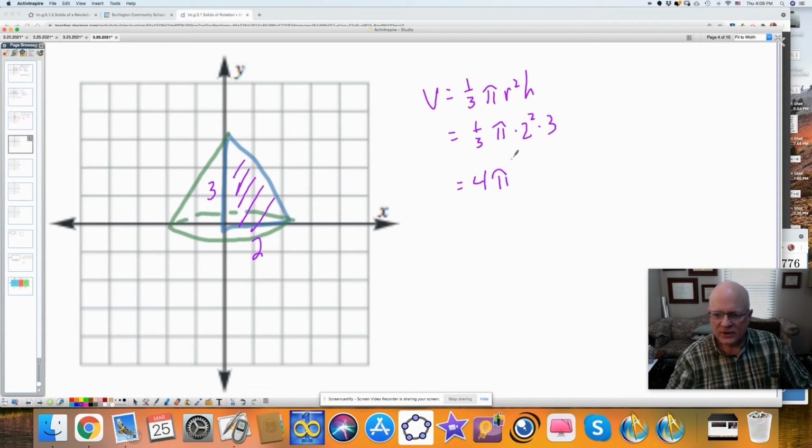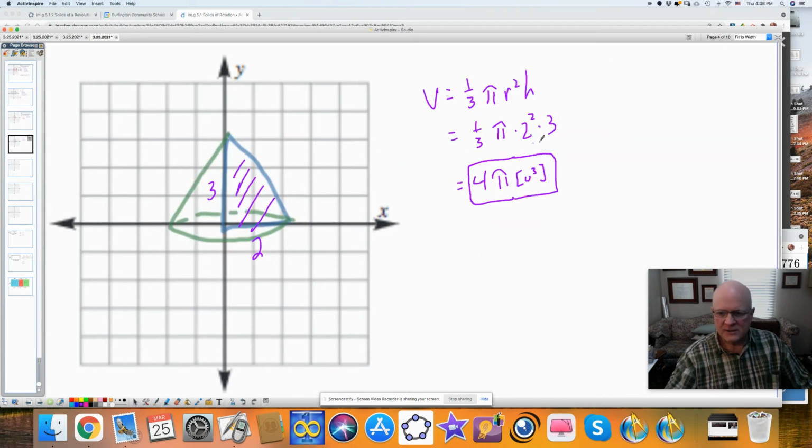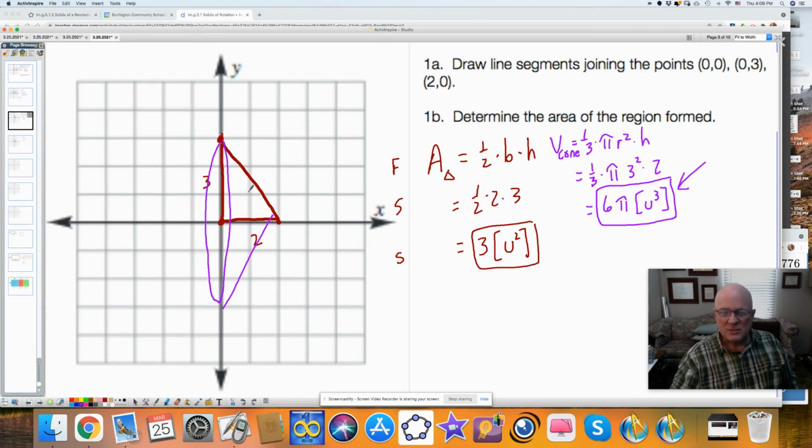Again, this is a very different number, units cubed, than what I had before. I had 6 pi on the previous slide, and now I'm getting the same triangle, just rotating it around a different axis, and I get 4 pi. This looks like it might be bigger, but you know what? Something is flatter, and it actually has a bigger volume. That's what's interesting about this.